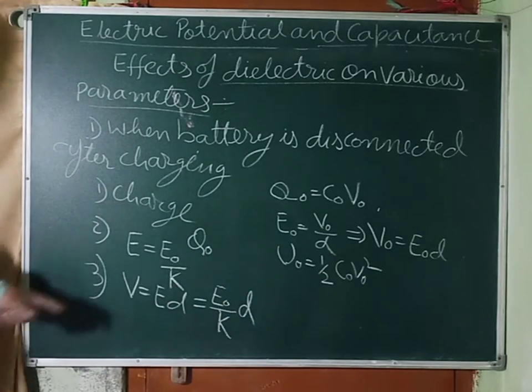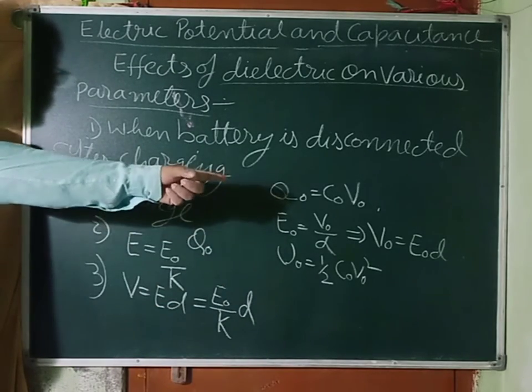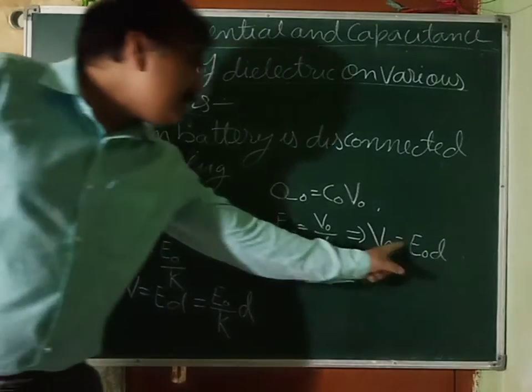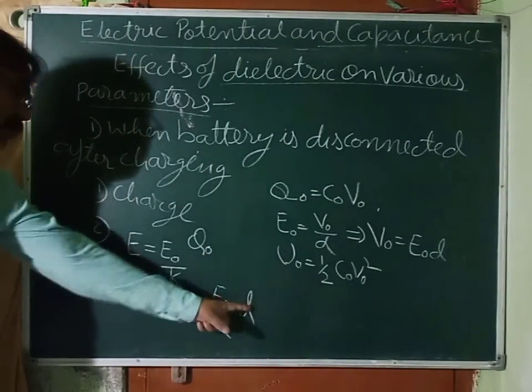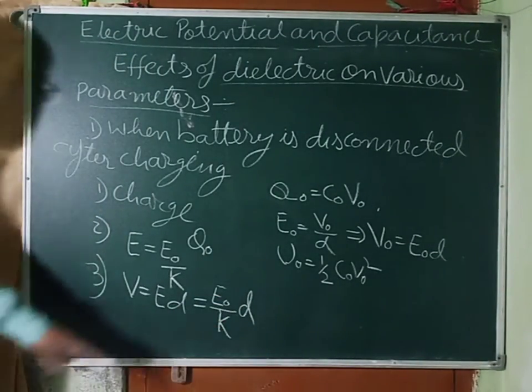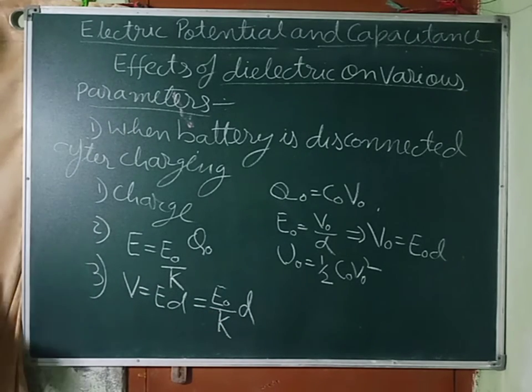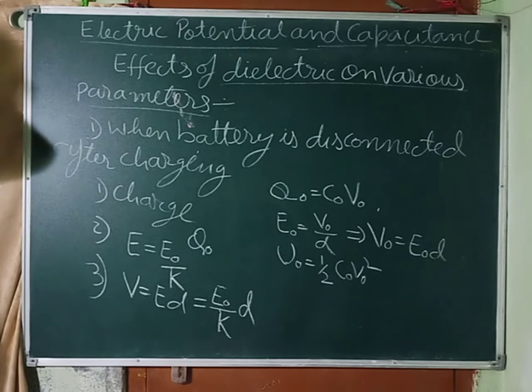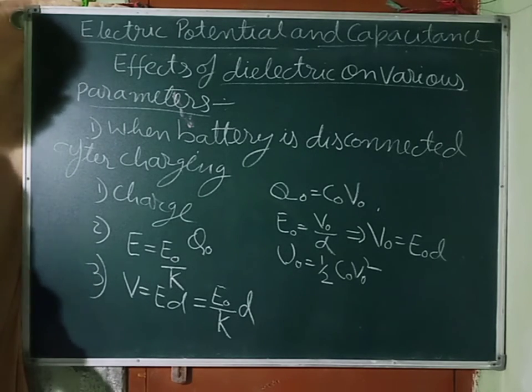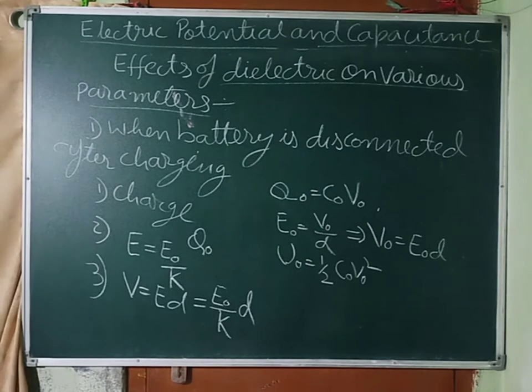Earlier V was E naught D. Now it is E naught D by K. A factor is dividing it, and this factor is more than 1. So obviously the potential will also decrease. So you can write the third point, the potential also decreases. Write this expression also in support of your statement.